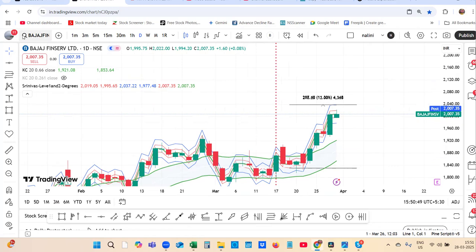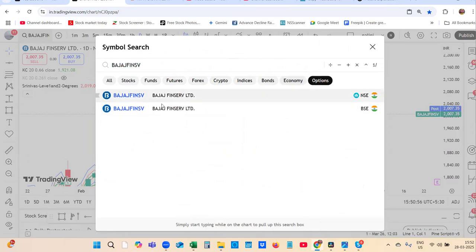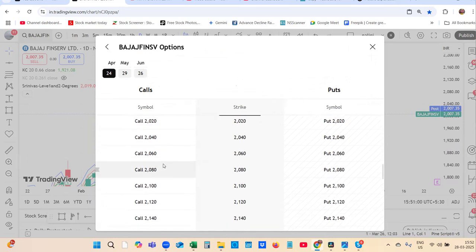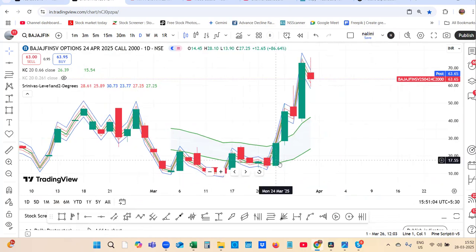If you would have selected the stock by the call option, for example the 2000 call option, you can see on the date of 21st March, the call option on the 21st March.